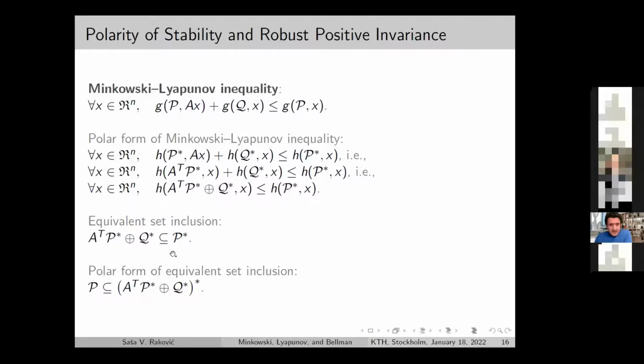Once we have this set inclusion, because P is a proper C set, P star is a proper C set itself, and the left-hand side is a proper C set, we can apply polarity and obtain the polar form of this set inclusion, which reverses the inclusion. What we have derived in those few lines gives us a fundamental property of the Minkowski-Lyapunov functions.